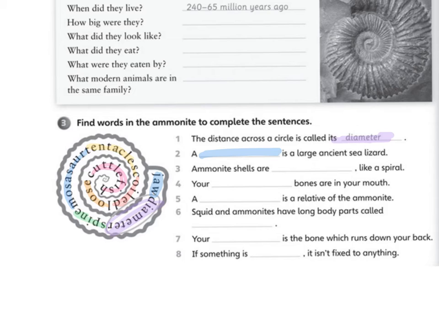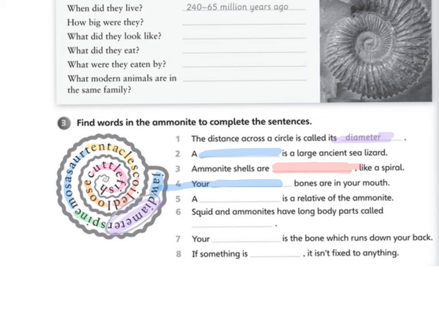Ammonite shells are like a spiral. Ooh, I gave you the answer seconds ago. That is coiled. What is coiled? Enroscado. 4. Your bones are in your mouth. Do you know what's that? That is your jaw. Bones are in your mouth.